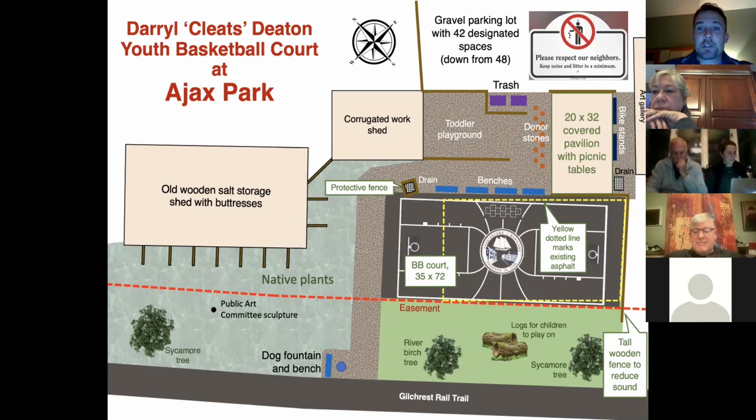And then possibly a Plan C that puts the toddler playground elsewhere on this property, so that we can give the town council essentially a menu of ideas for this space.